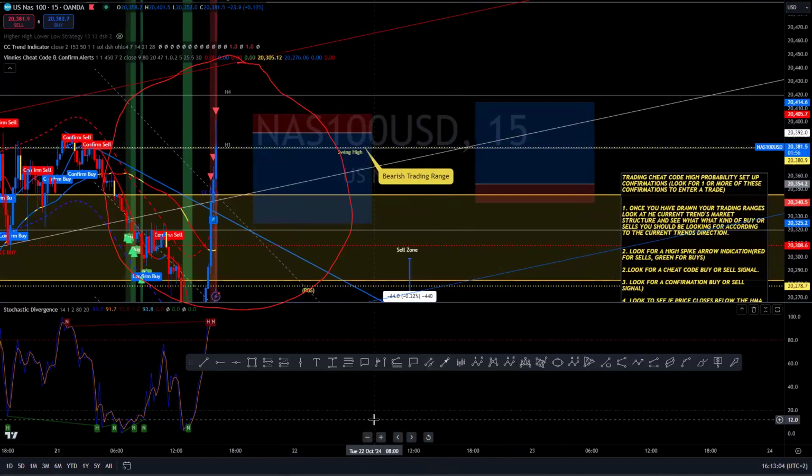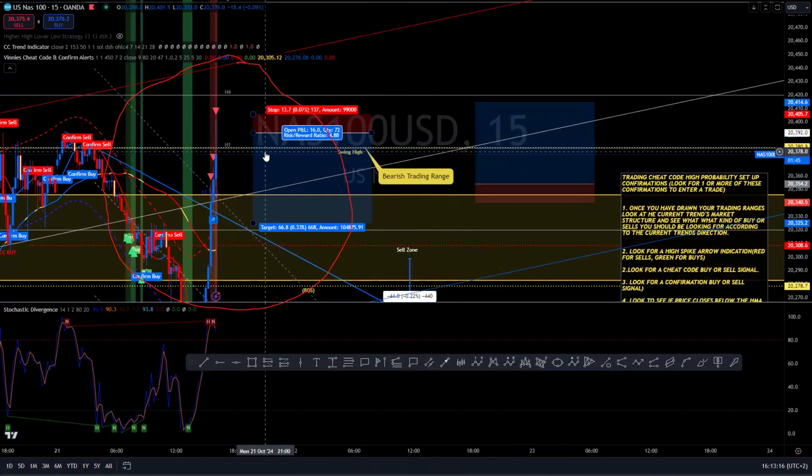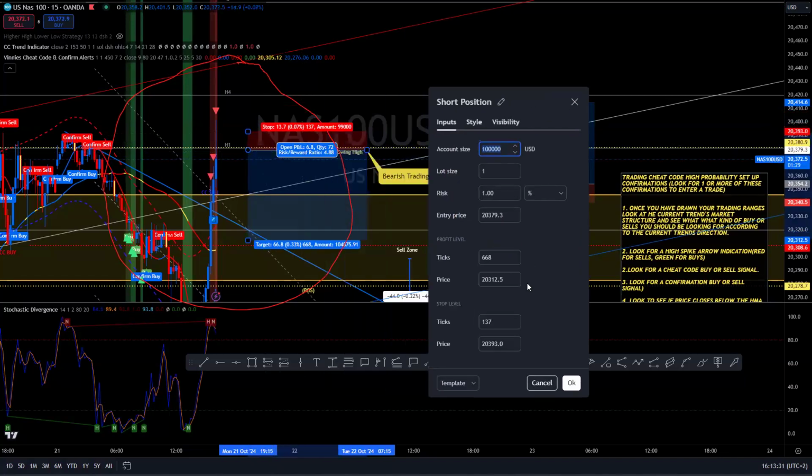We have less than 2 minutes before the 10:15 candle closes. We got a minute left.